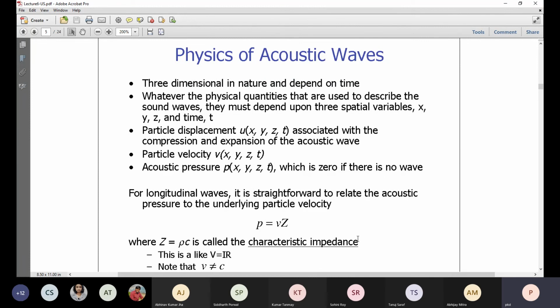So generally the acoustic waves, when scattered, unlike the plane wave, will propagate in 3 dimensions.